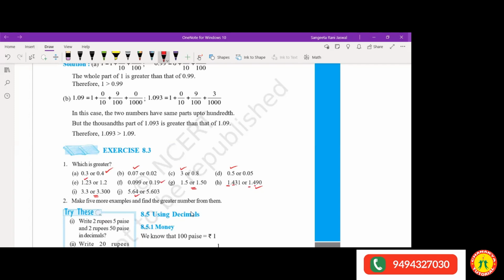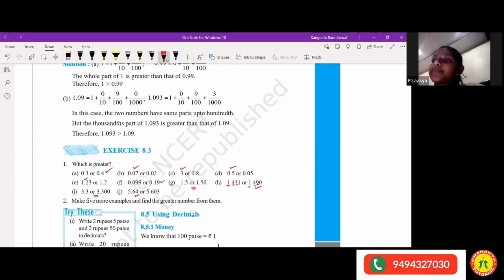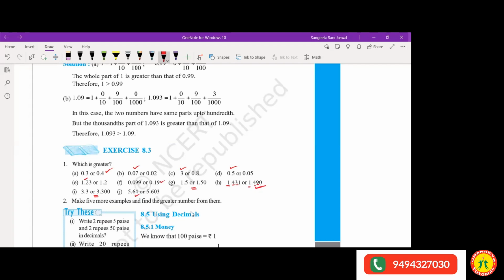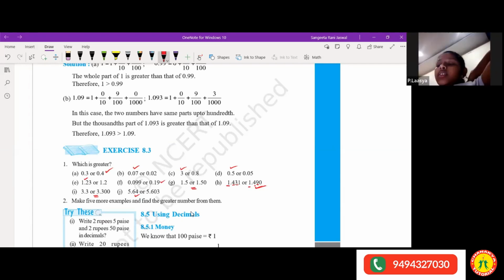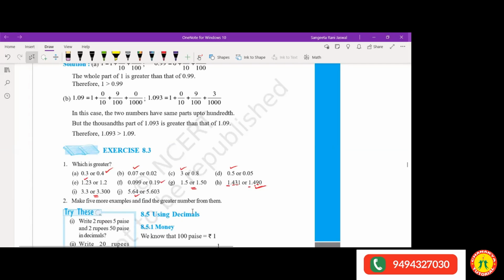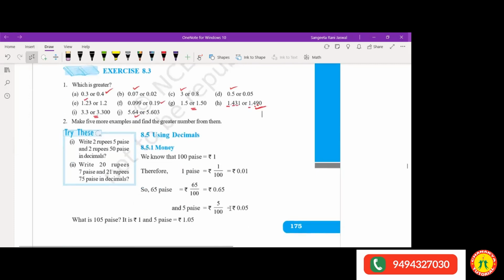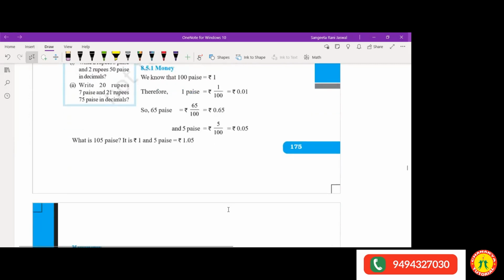Then you see the hundredths place, this is 3 and this is 9. Which is greater, 3 or 9? 9, ma'am. So this number is greater. Got it? You compare each place value. Make 5 more examples and find the greater number from them.